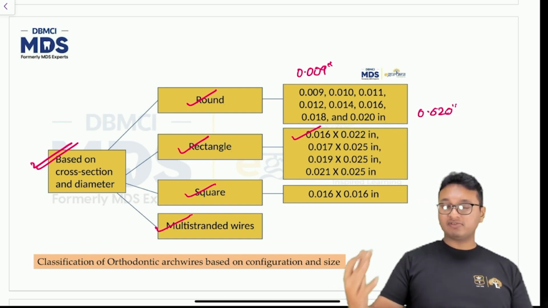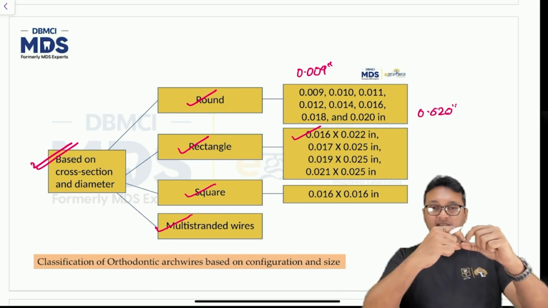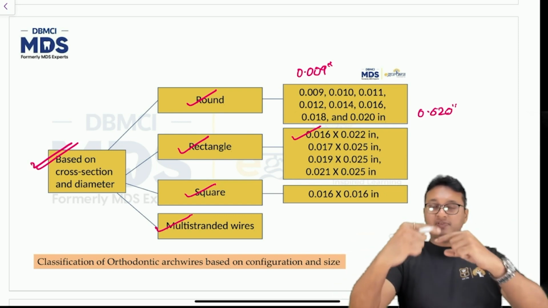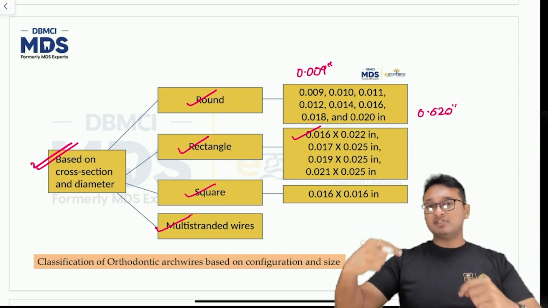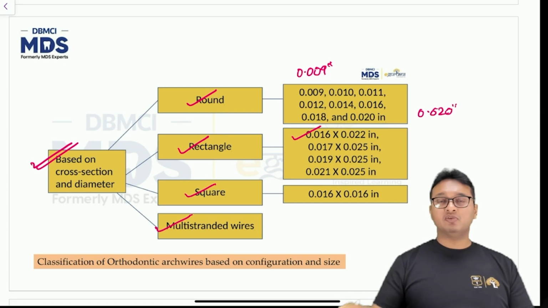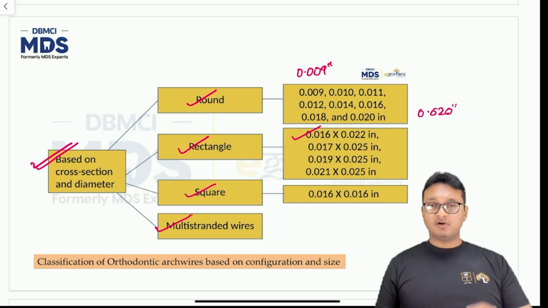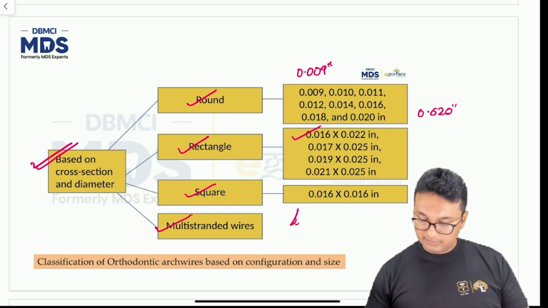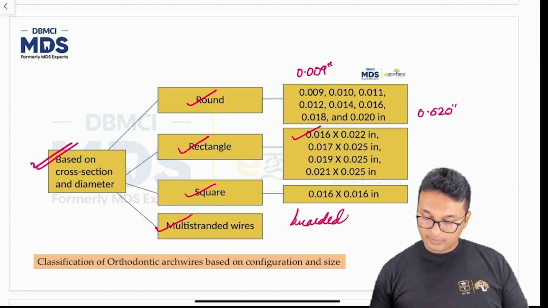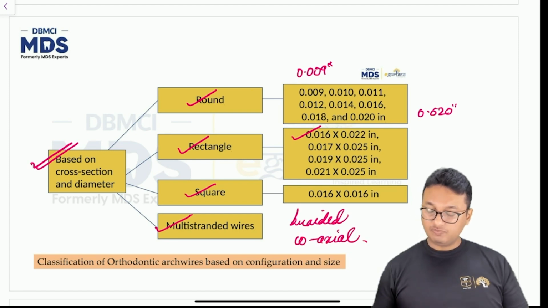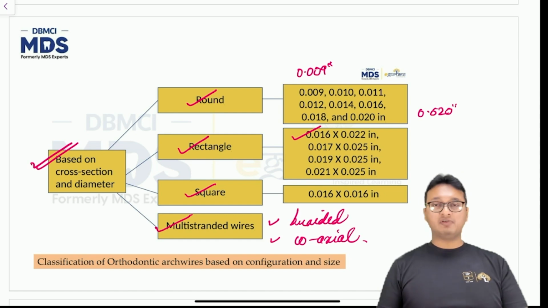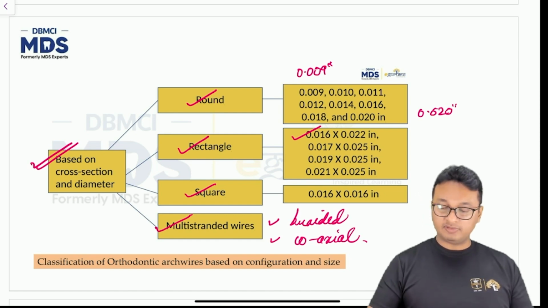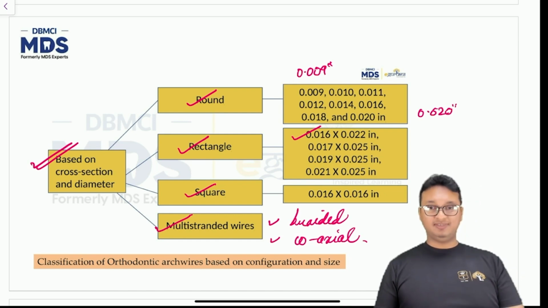And we have multi-stranded wires. That means there is a single wire in between, and different wires are intertwined over each other. So we have braided wires and coaxial wires. Don't worry about them. This is just for your information. I hope you will not get any question out of these.